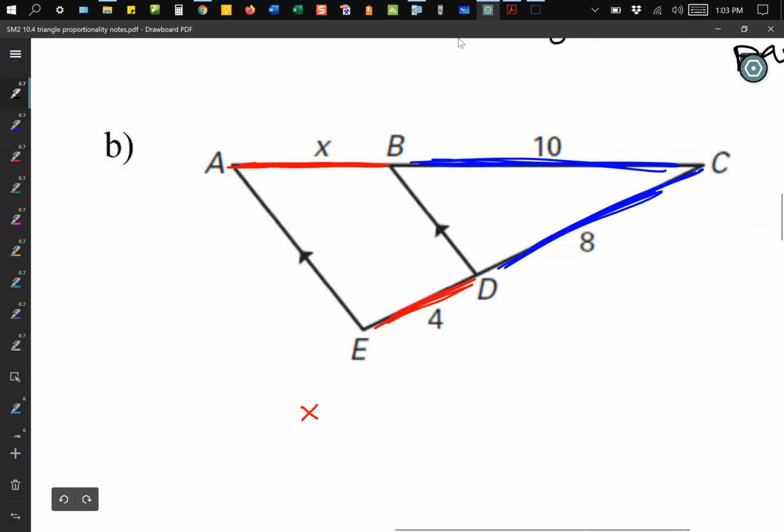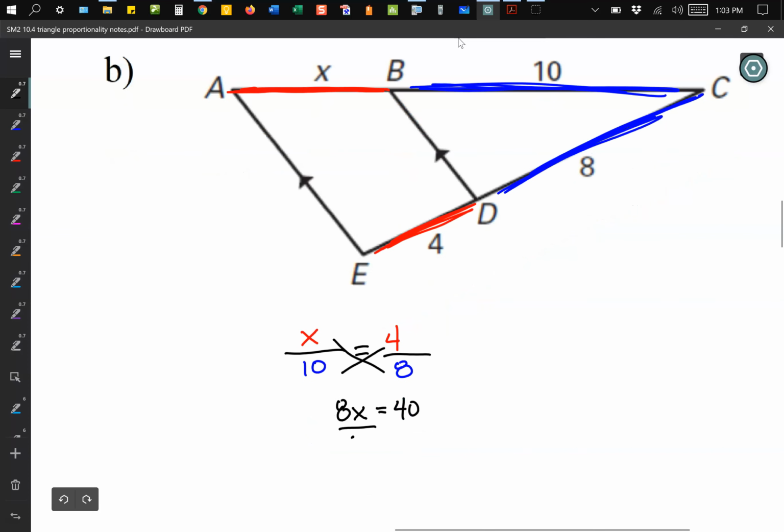So x over 10 equals 4 over 8. So cross multiply, you get 8x equals 40, and divide by 8, you get that x is 5.